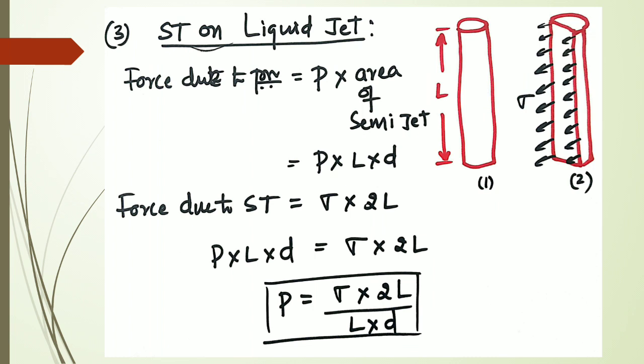If I equate the terms, P is equal to sigma into 2L divided by length into diameter. Same thing here also: when there is a decrease in the diameter of the droplet, the pressure intensity increases. Fine.